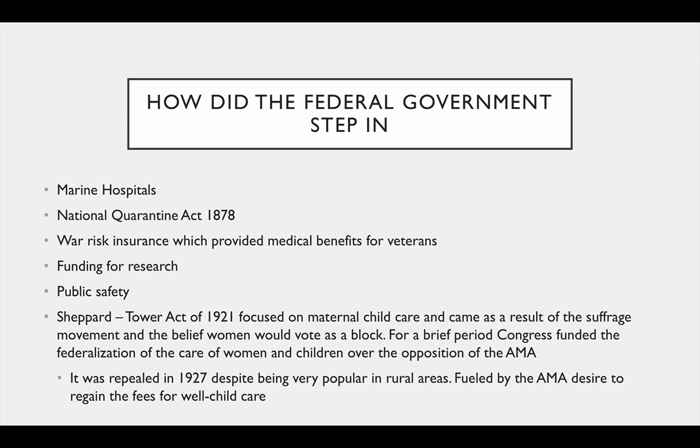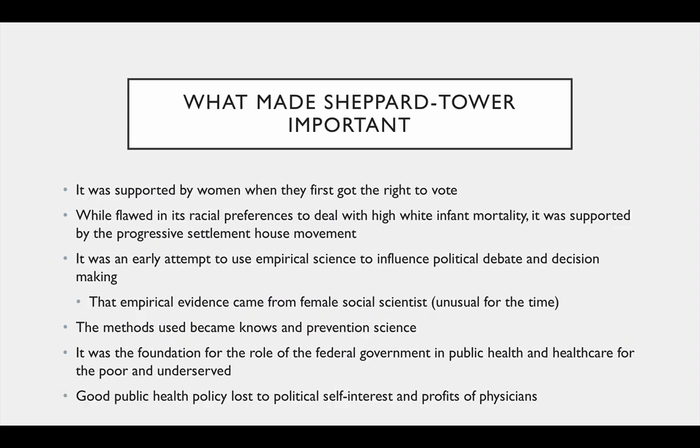In 1927, it was repealed despite being very popular in rural areas, especially in these agrarian societies or these agrarian groups. So there were these groups of people that wanted to live on the land and make their own way.